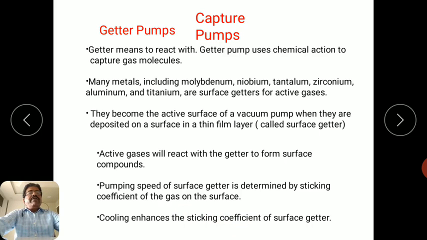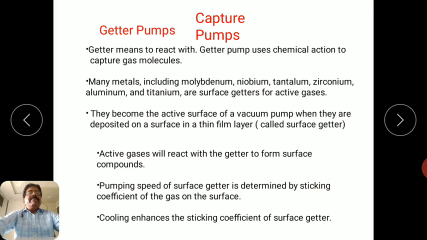Now what is the sticking coefficient? The pumping speed of a surface getter is defined by the sticking coefficient of a gas on the surface. Sticking means that when the gas molecule comes to the surface getter, it gets stuck with the surface. The ability of the molecule to get stuck with the surface of the getter can be defined in terms of a coefficient, called the sticking coefficient.